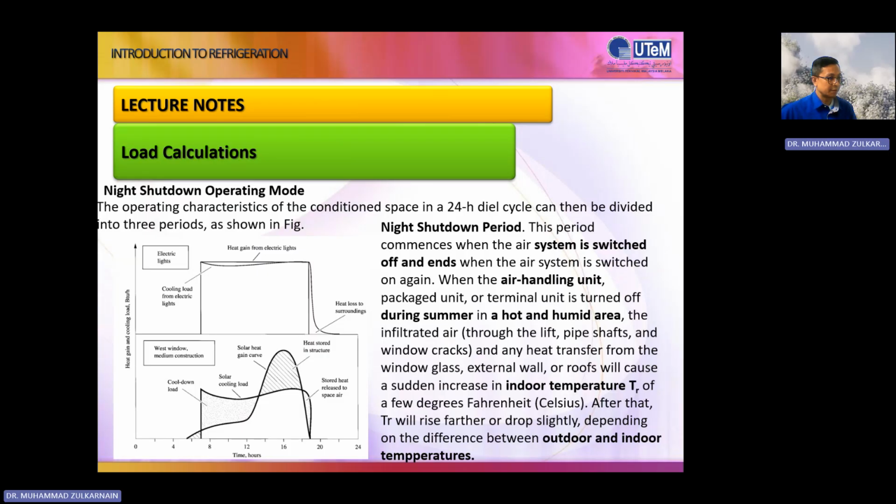Let's say in the graph, one hour before office hours, the refrigeration is already starting. Before the staff come to the office, the room is already cooling, so the workers already feel comfortable before starting their job.